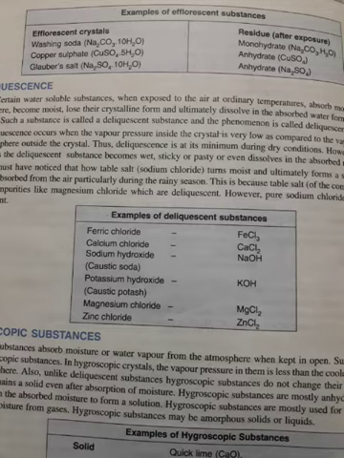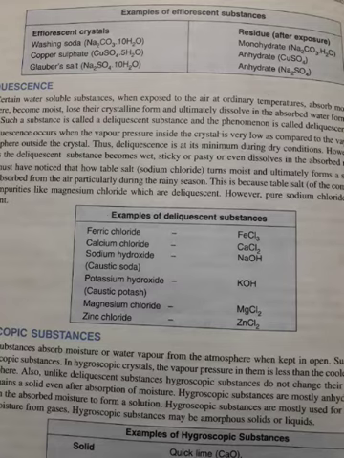Different methods are there, but here we will discuss what hydrated salts and anhydrous salts are. So we'll start with hydrated substances. Those salts which contain a fixed number of water molecules as water of crystallization in loose chemical combination are known as hydrated salts, like blue vitriol.